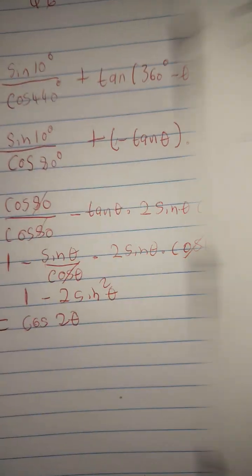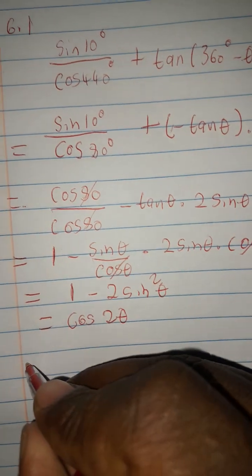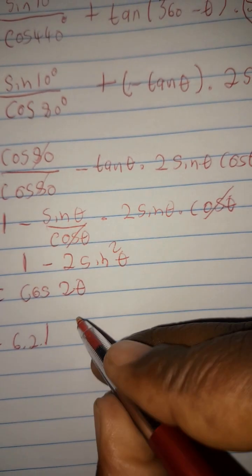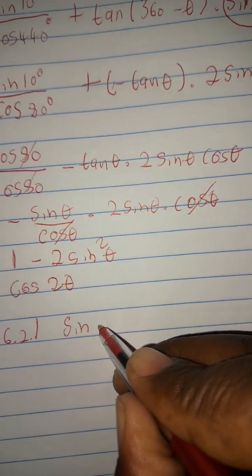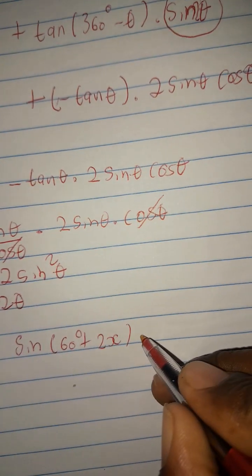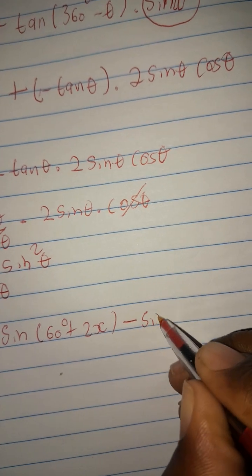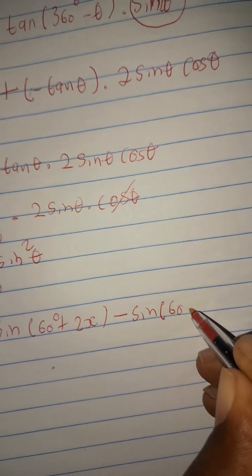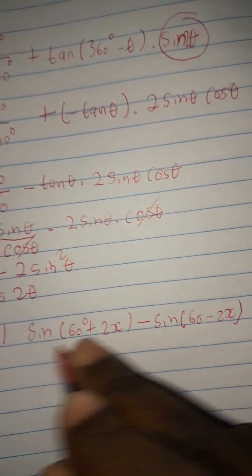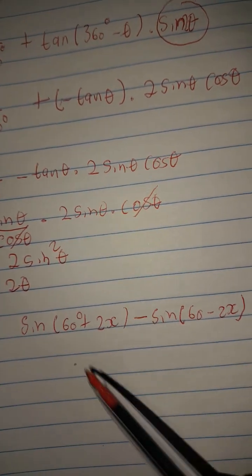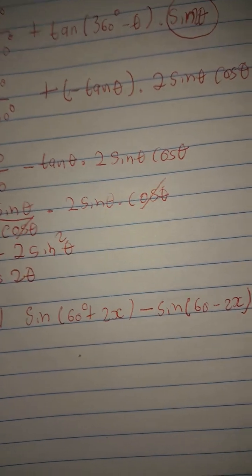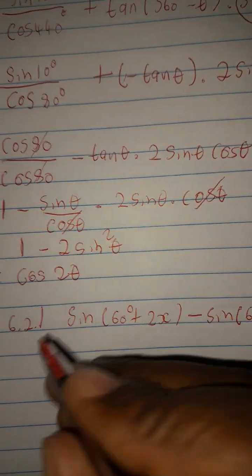First thing, let's copy what this requires. At 6.2.1, we are given sine(60 degrees plus 2x) minus sine(60 degrees minus 2x). What will happen here is that this is a compound angle, so we are going to use the compound angle formula.